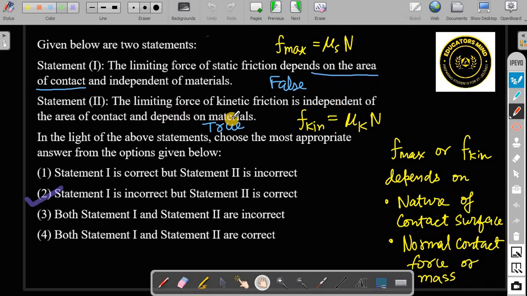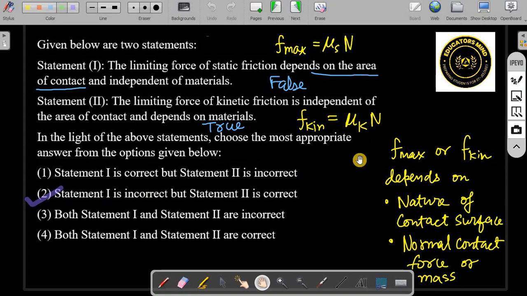So the second statement is definitely true. The first statement is false, right? First is incorrect, second is correct. Okay. Let's go to the next question.